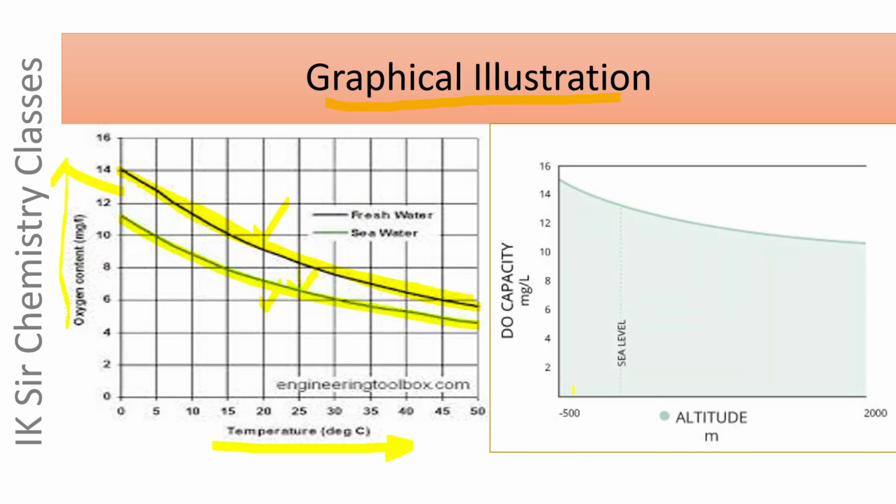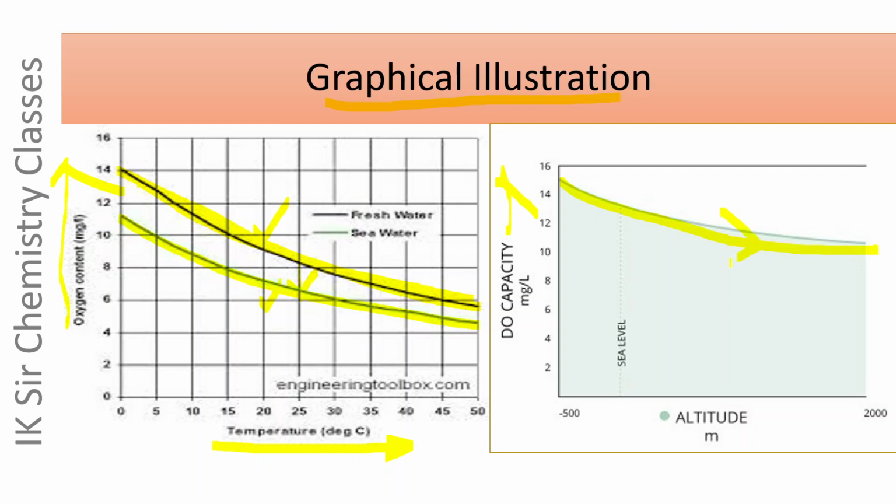And this is another graph in which DO has been plotted against altitude. As the altitude increases, as we go above from the Earth's surface, the partial pressure of oxygen decreases, and therefore the DO value also decreases.